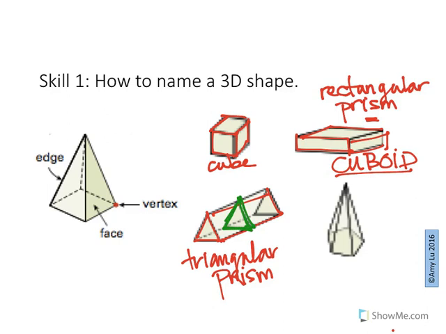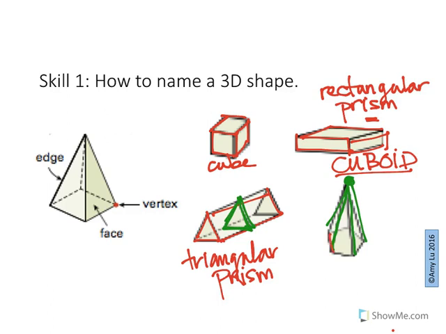Now this last three-dimensional shape is a type of pyramid, because for a pyramid to happen, all the edges drive up and meet at a point. So this is what is called a pyramid. However, in order to know the type of pyramid it is, we have to look at the base.